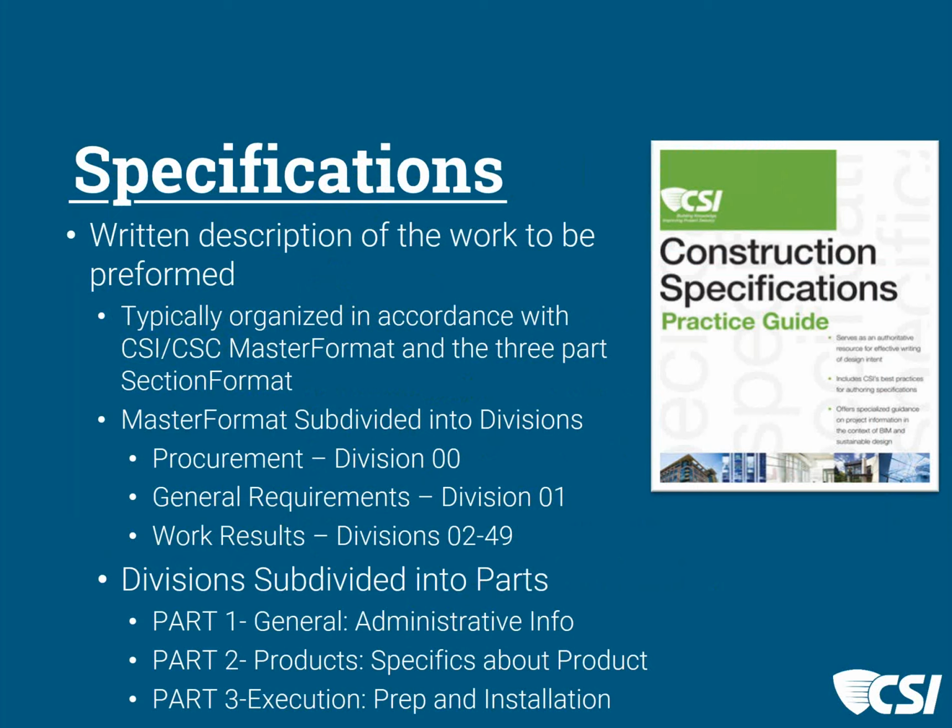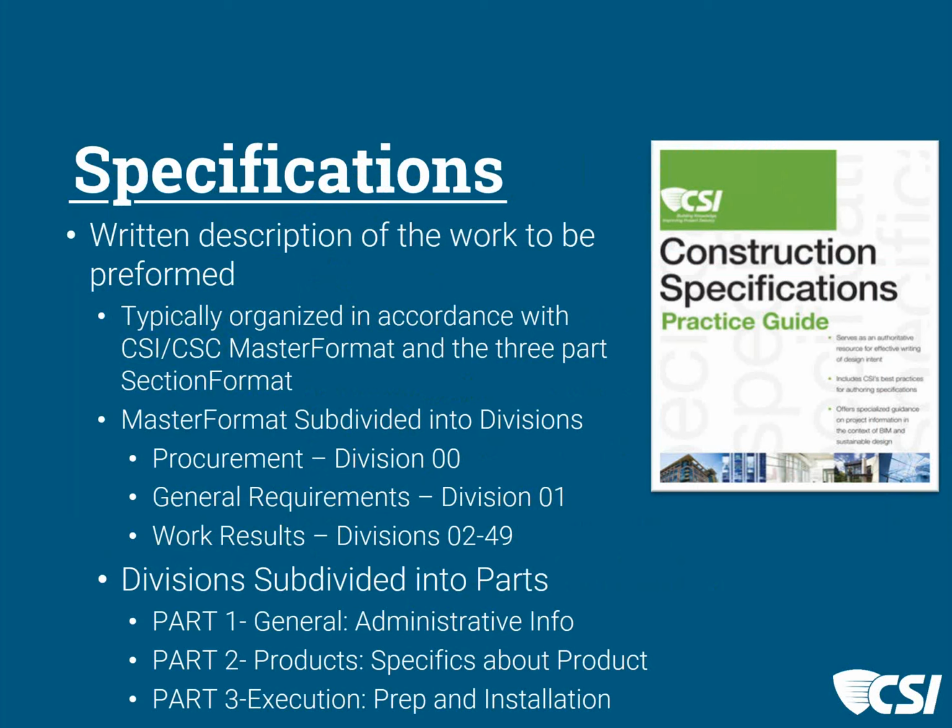So, where we have our specifications divided in those work sections, first there's additional administrative information, but then there's also product-specific information. Great place to learn about the products that you're thinking about using.